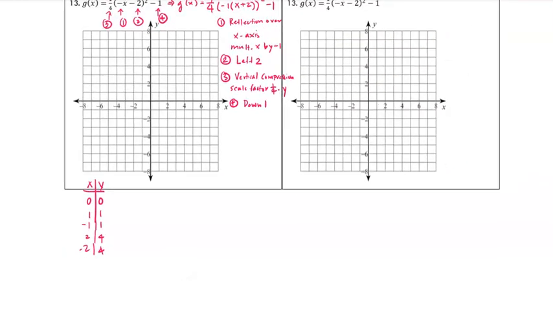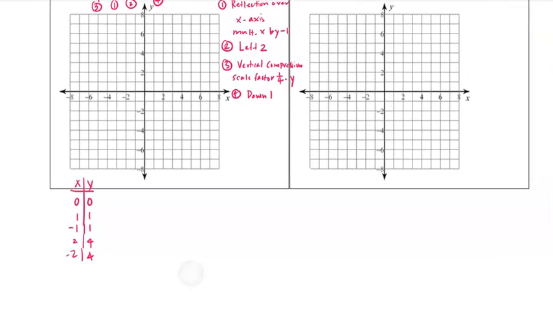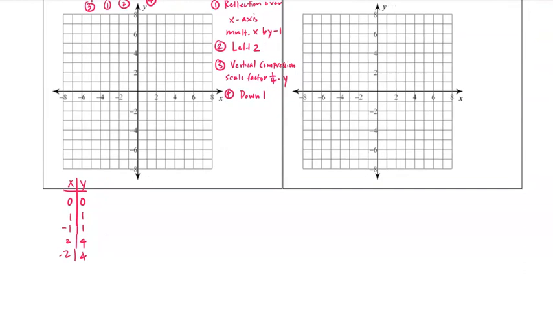Okay, so first we are going to reflect those by negative 1, multiply the x's by negative 1, so x and y: (0, 0), (-1, 1), (1, 1), (-2, 4), and (2, 4). Notice that it doesn't do anything.